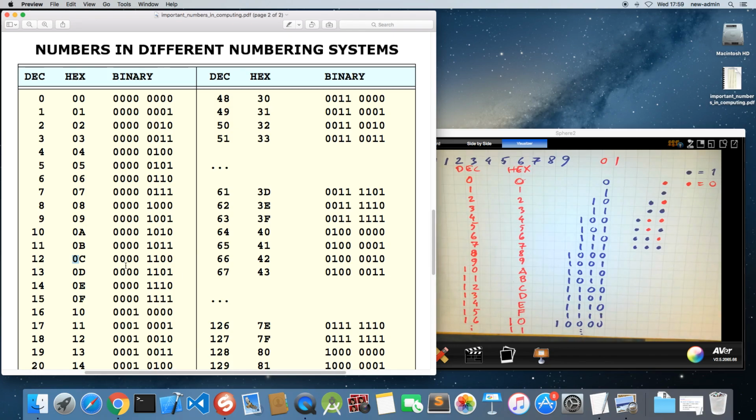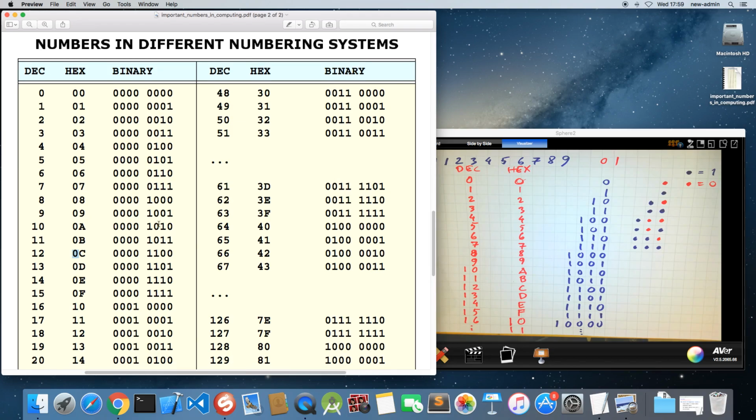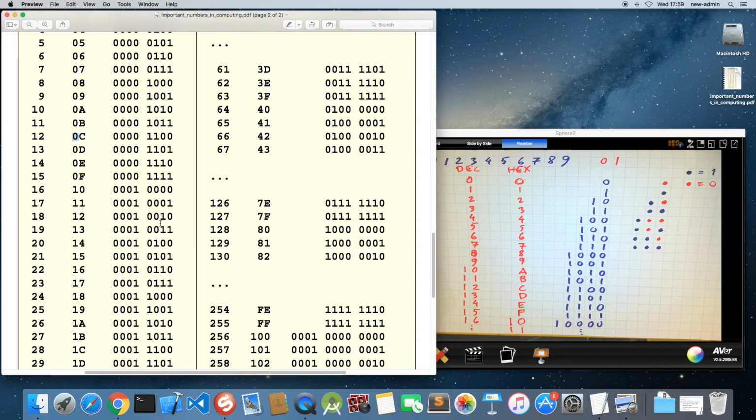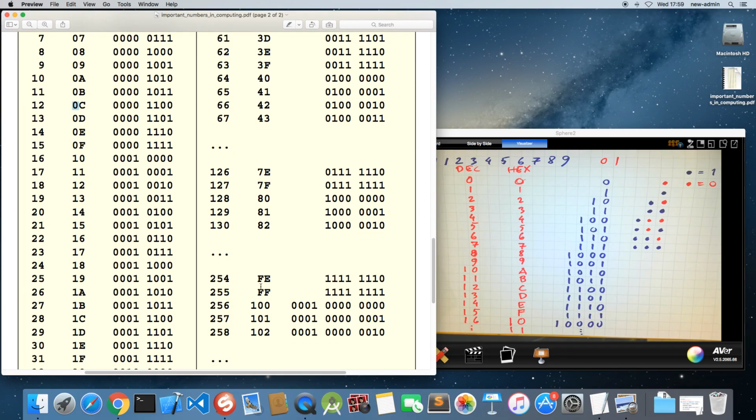You can see the same thing here if you study this table, that for instance when the binary number has 8 ones, that corresponds to the hexadecimal number FF, and there is a change from FF to 100 at the same time, and there is a change from 11111111 to 1 and 8 zeros. That's just an example.